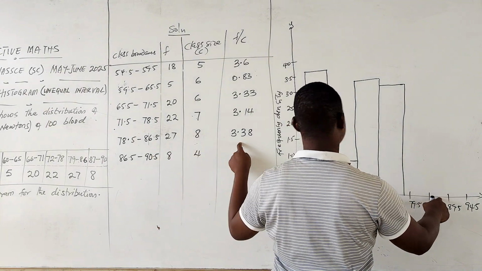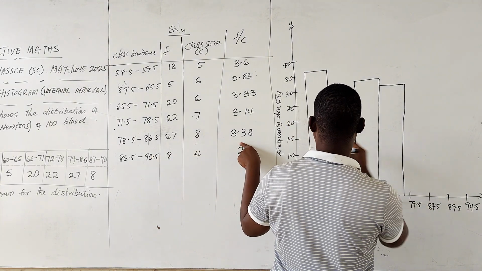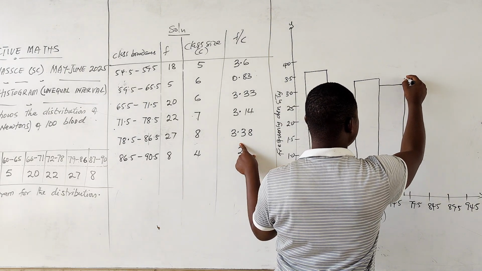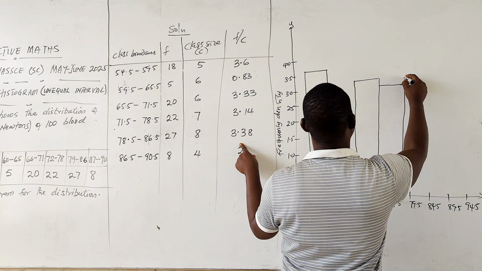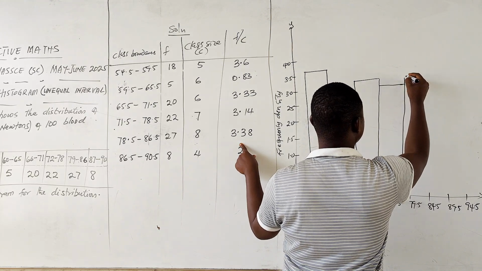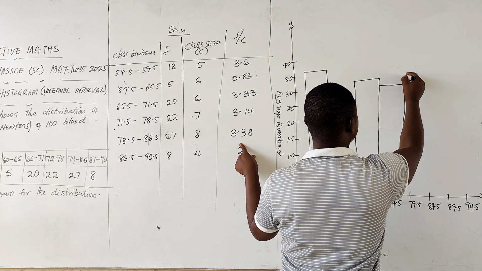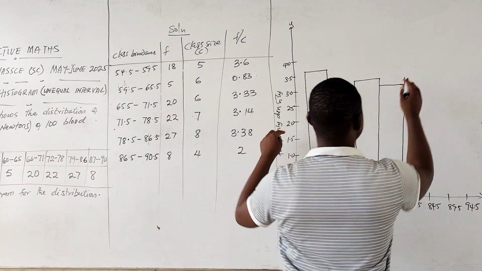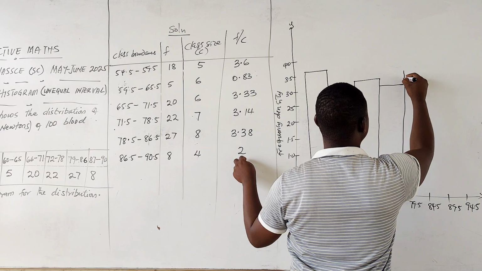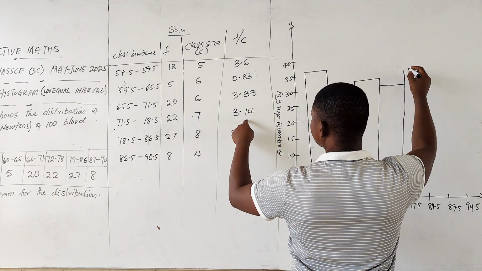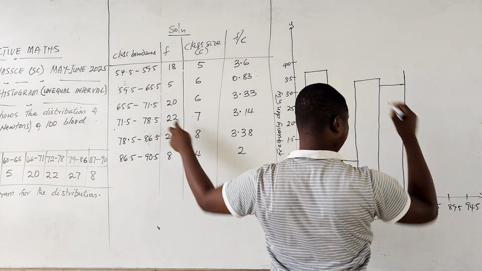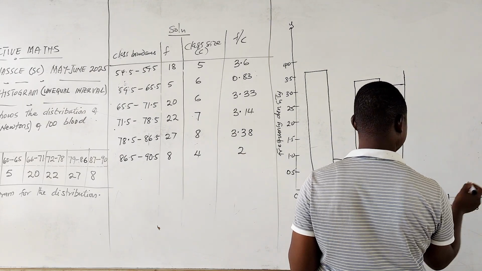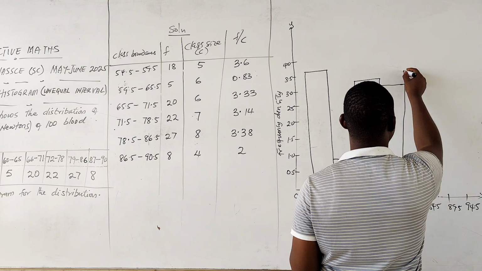Then from 78.5 to 86.5, that one is giving us 3.38, which is almost 3.4. So that one goes a little bit higher, up to 86.5, somewhere there.